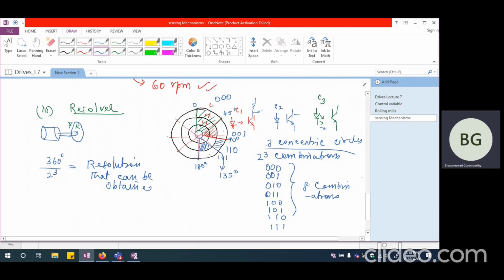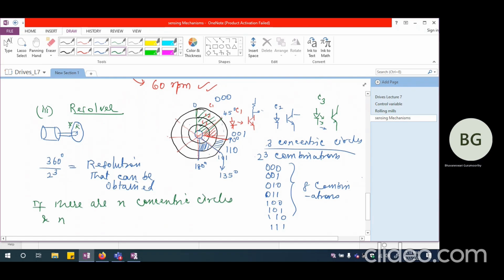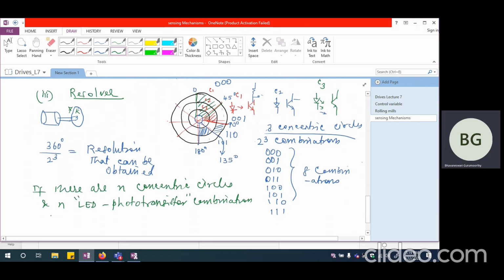Using 3 concentric circles. So in general, if there are n concentric circles and n LED and phototransistor combinations corresponding to each of the concentric circles, then the resolution will be equal to 360 degrees divided by 2 power n.